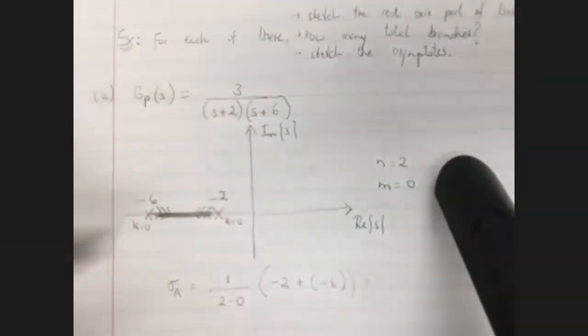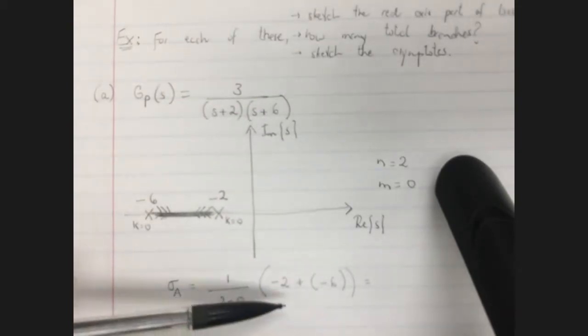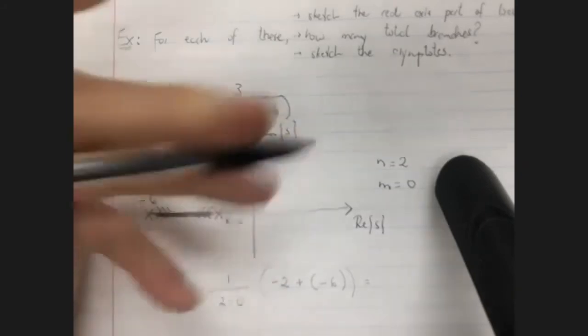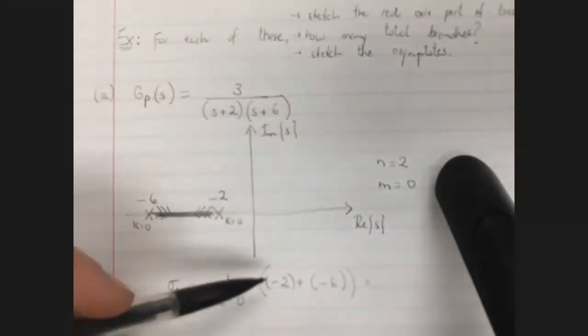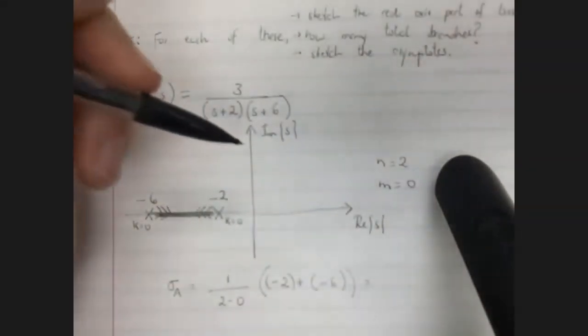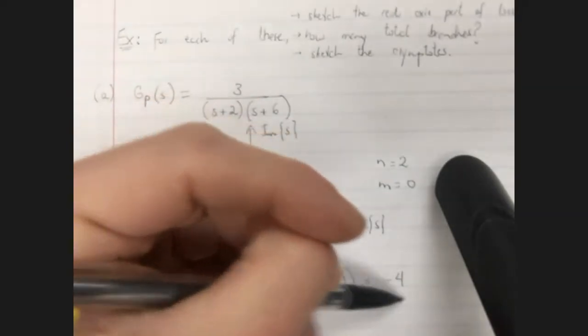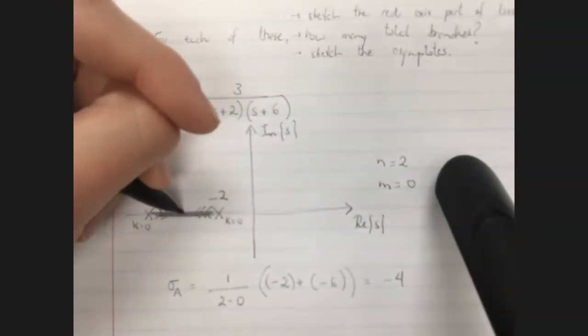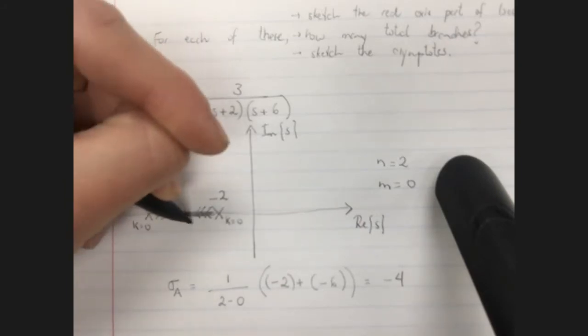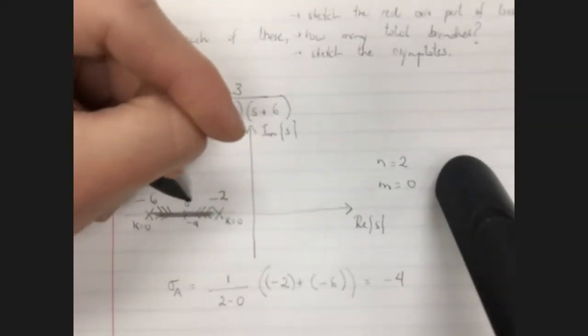Just applying the formula, the sum of my poles is -2 plus -6, and then 1 over n minus m gives me -4. So at -4, that's going to be the center of the asymptotes. I'm going to mark -4 right here, and I'm calling it sigma A.